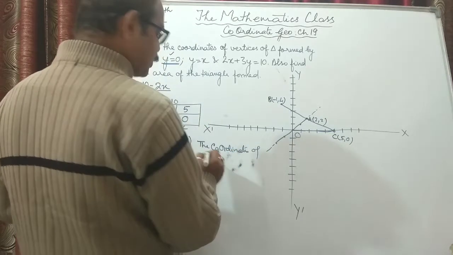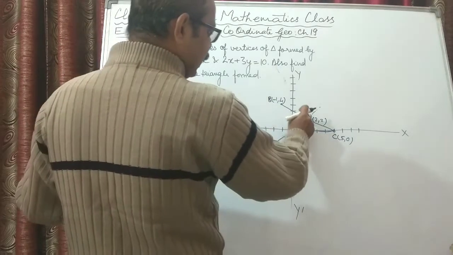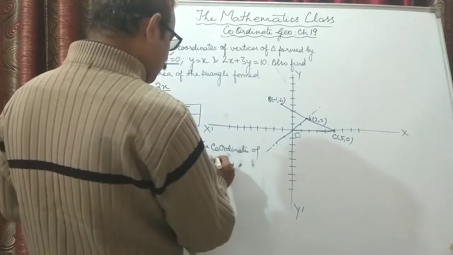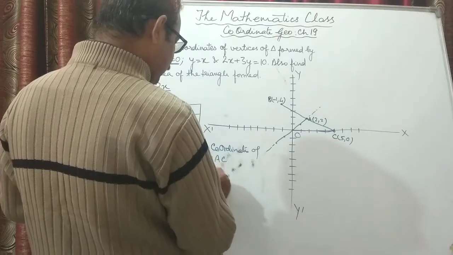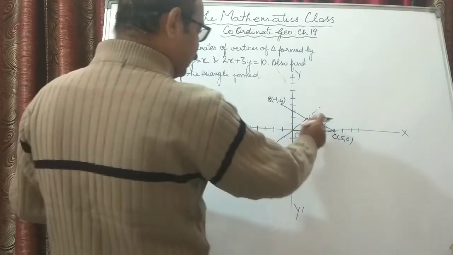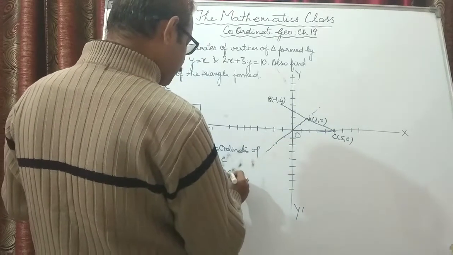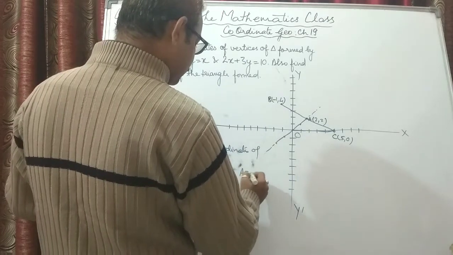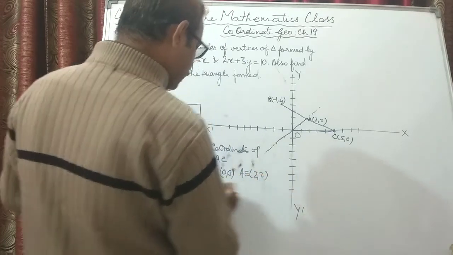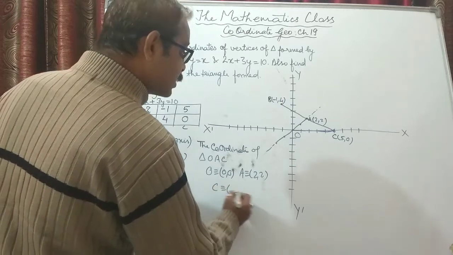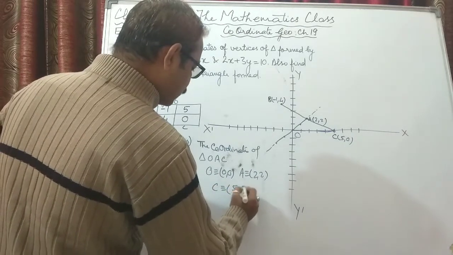Which triangle is it forming? OAC. Point O is represented by 0, 0. Point A is represented by 2, 2, and point C is represented by 5, 0.